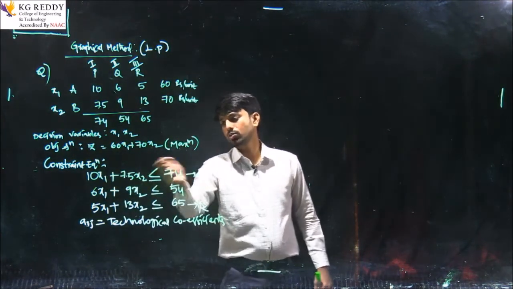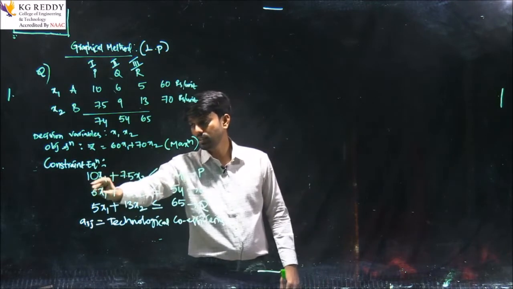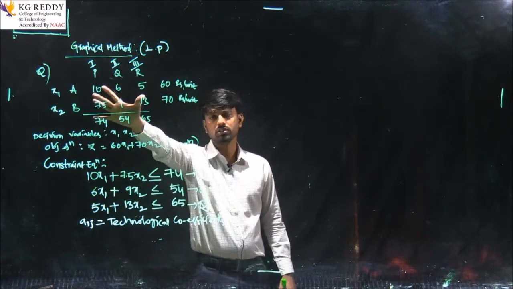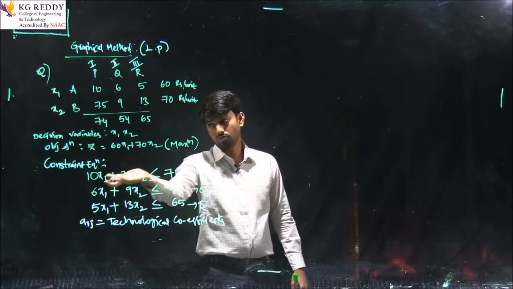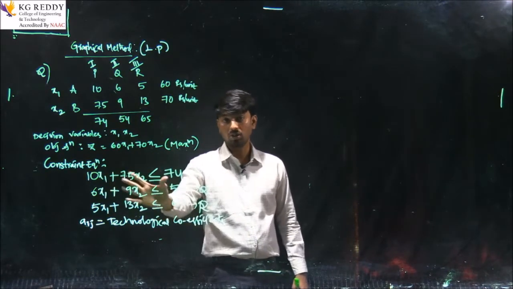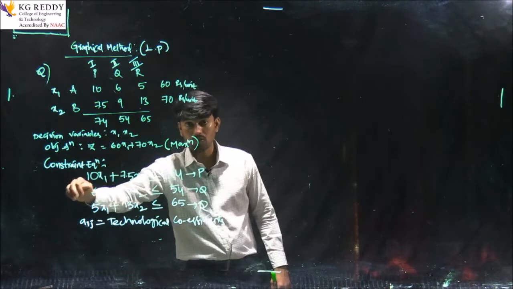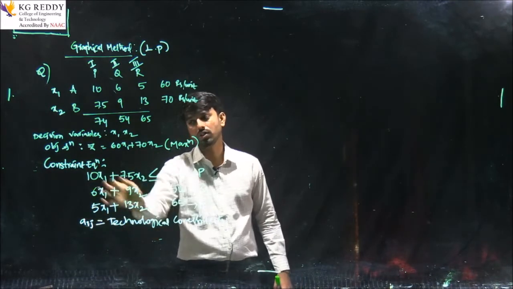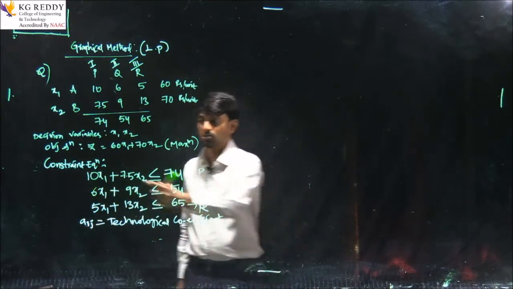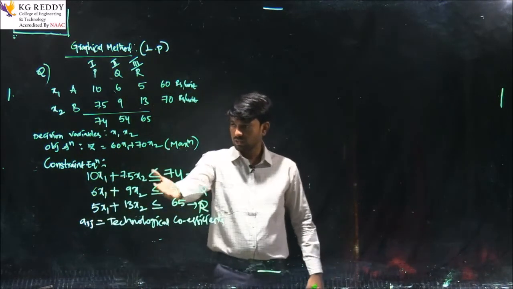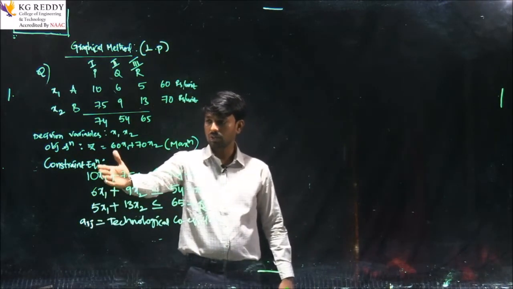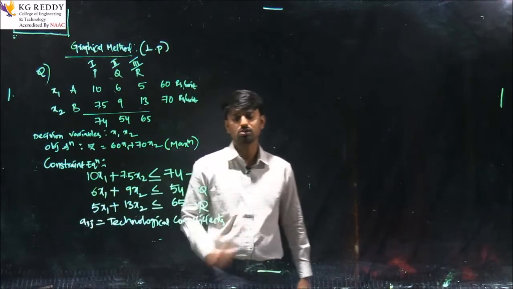Here x1 and x2 are the variables, but these values are fixed. They do not change. That is why they are coefficients of the decision variables, but they themselves are not variables. They are constants only. They are called technological coefficients because they are coefficients of the decision variables, right? Look at the equation: whatever the coefficients of the decision variables, you call them technological coefficients.